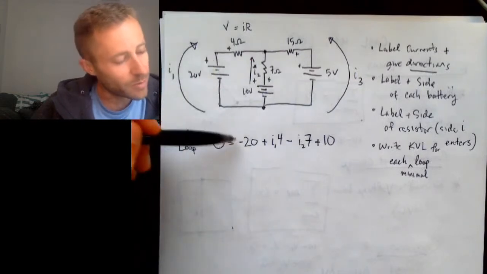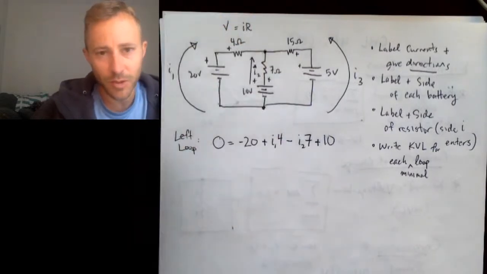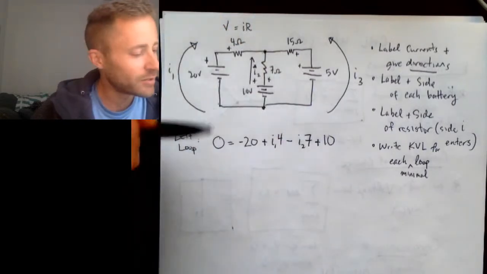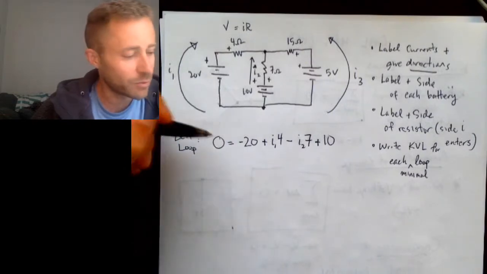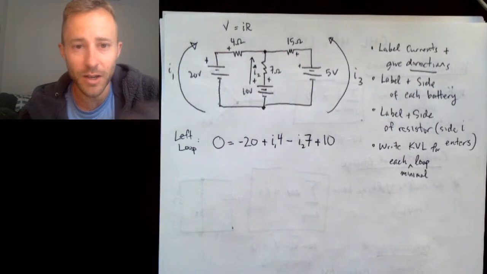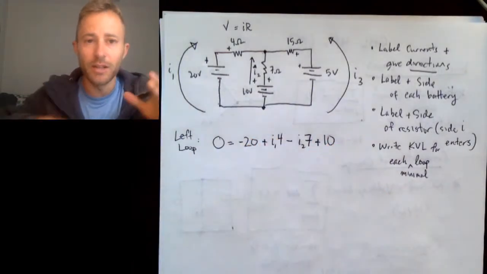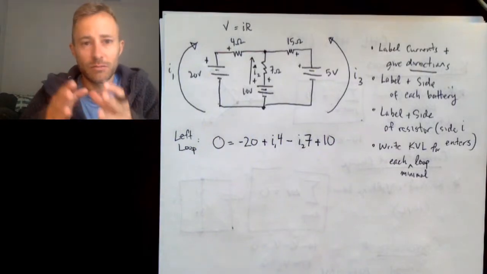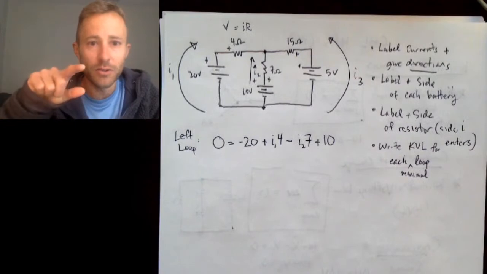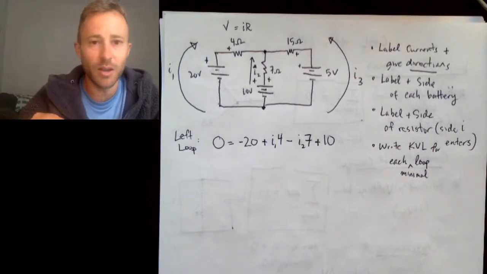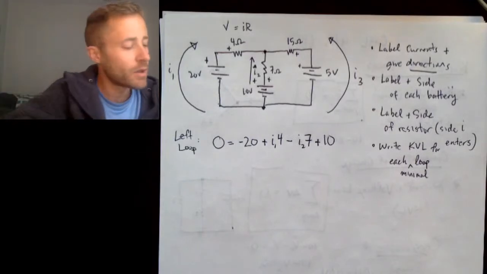So every term is going to have the opposite sign if I go around the opposite way. But because I'm setting that equal to 0, it doesn't matter, because if I just multiply both sides by -1, I get the original equation. So my point is that it doesn't matter where you start in the loop, and it doesn't matter whether you go clockwise or counterclockwise, you're going to get the same answer, the same equation. Okay?